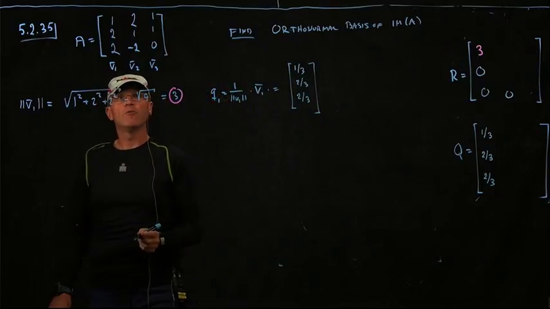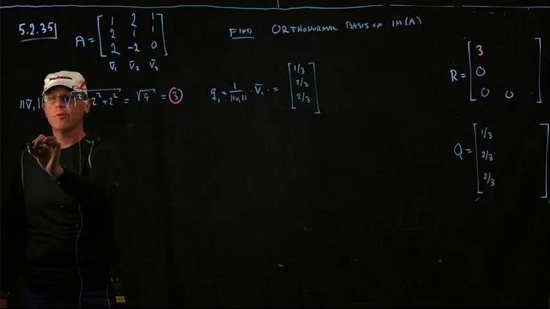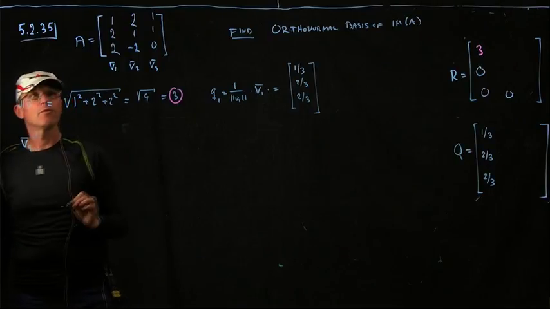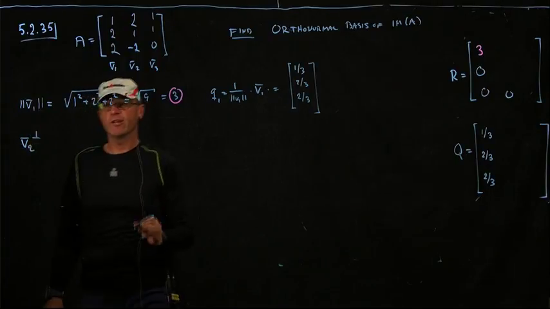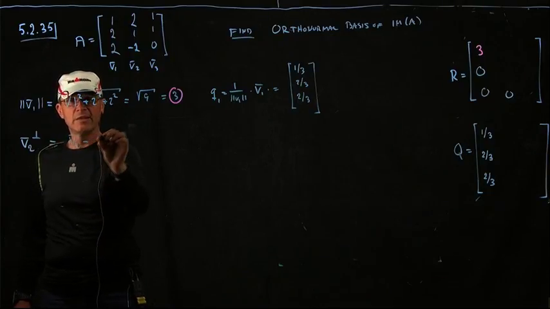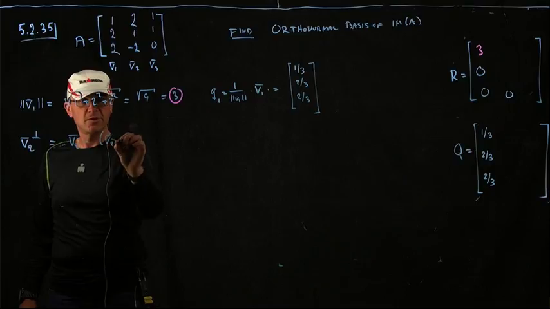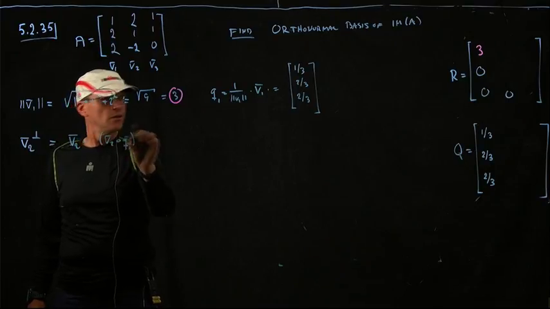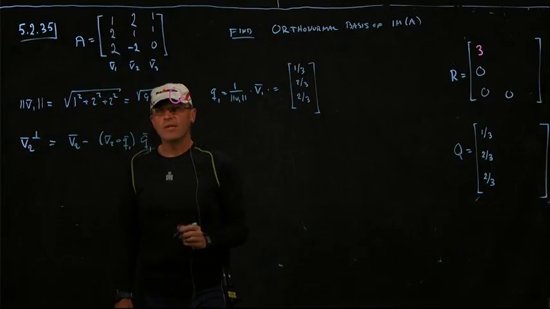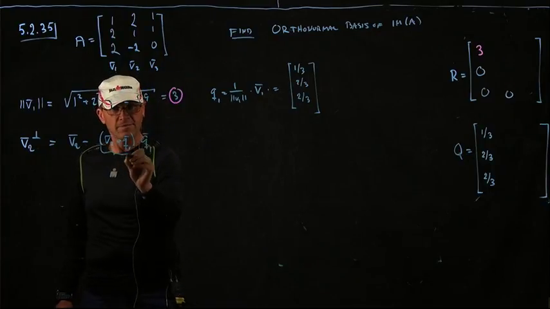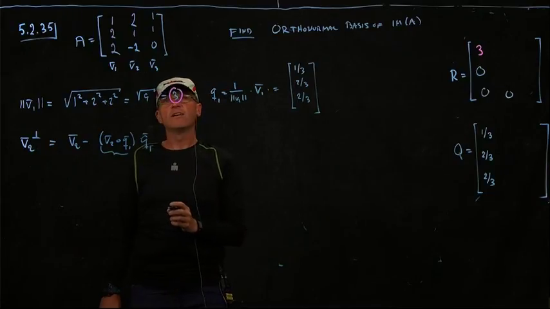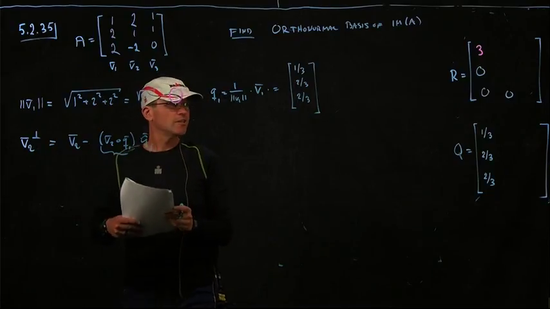Then we take the second column, right? What we want, of course, is the orthogonal component V2 perpendicular, which as usual is given by V2 minus V2 dotted with Q1 put in the Q1 direction. So we need the dot product. It's not super friendly anymore, not lots of zeros.